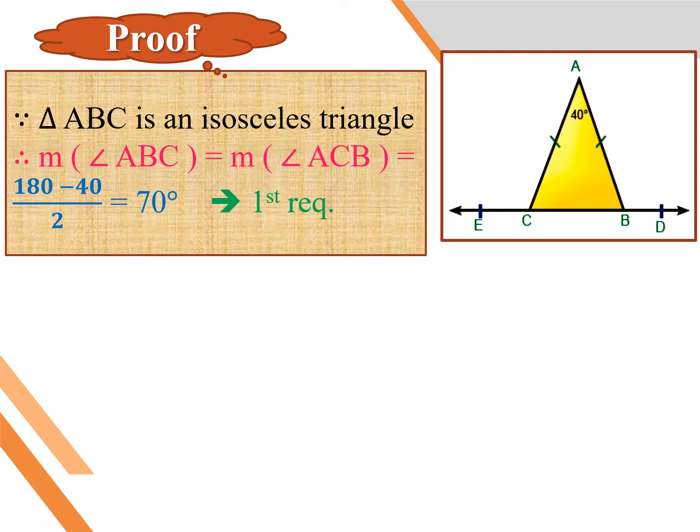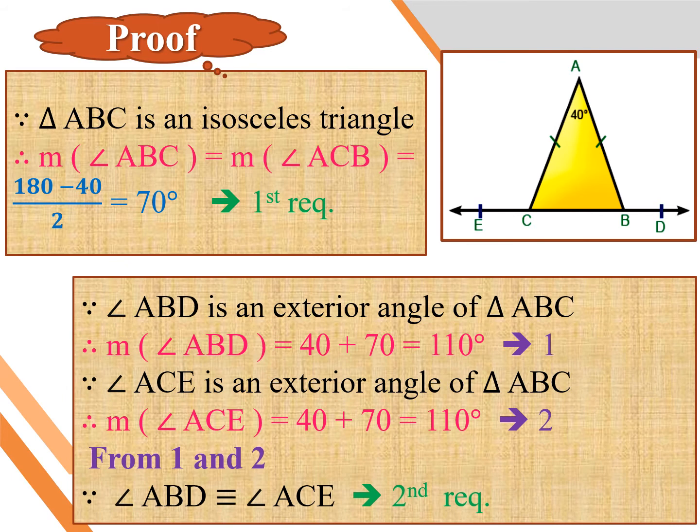About the second, how to prove that angle ABD is congruent with angle ACE. Since angle ABD is an exterior angle of the triangle ABC, then measure of angle ABD equals 70 plus 40, which is equal to 110 degrees.